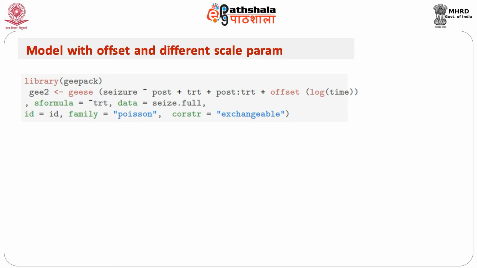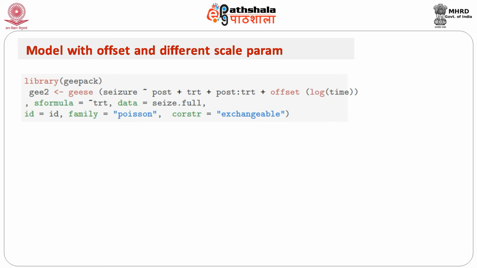Here, in geepack, the function is geese, which fits the estimating equations, and we are storing it in an object called GEE2, then the model offset, and we have used a new thing called s.formula. S.formula is the scale formula, and we are telling that the scale is explained by treatment. That means, for each treatment group we have a different scale formula.